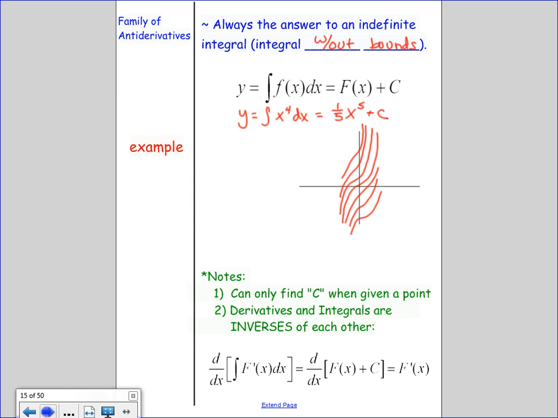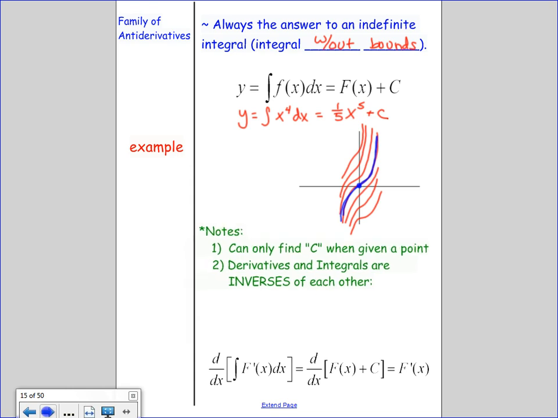So that's the family of antiderivatives. Now, what is the only way that I could possibly figure out a specific one? The only way I can possibly figure out a specific one is if they give me a specific point. Because if they give me a specific point that must be on the antiderivative, then there's only one that's going to go through that point. And that's where this note comes in at the bottom that you might be writing right now.